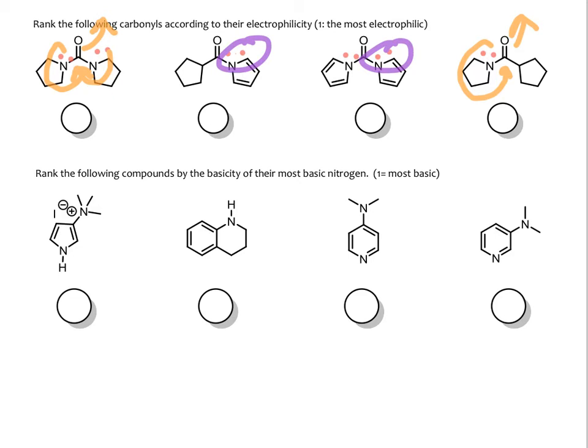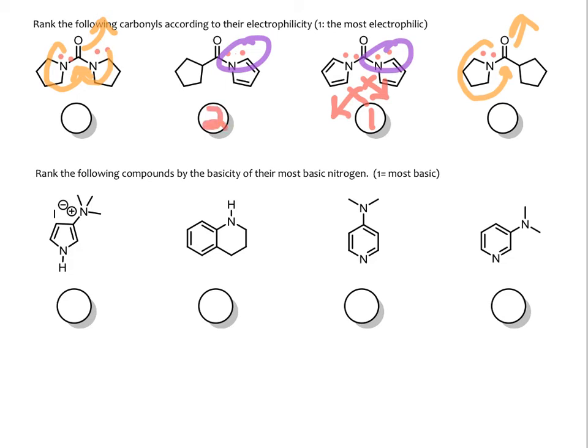All these nitrogens will do is activate electrophilicity via induction. It's a polar covalent bond, and nitrogen pulls on those electrons, so it has the inductive activation of the carbonyl without the resonance donation due to aromaticity. That makes this molecule our most electrophilic, and this would be our next.